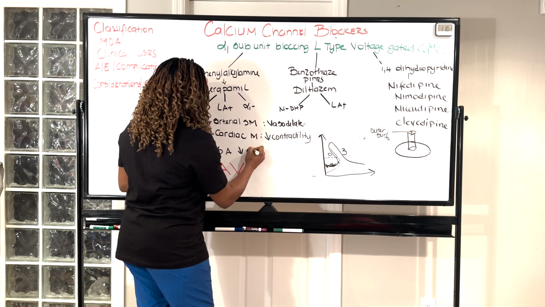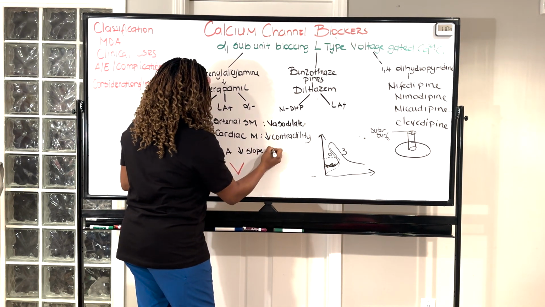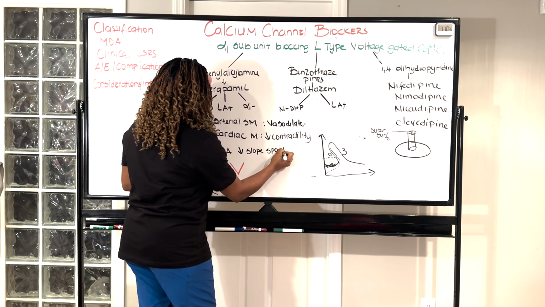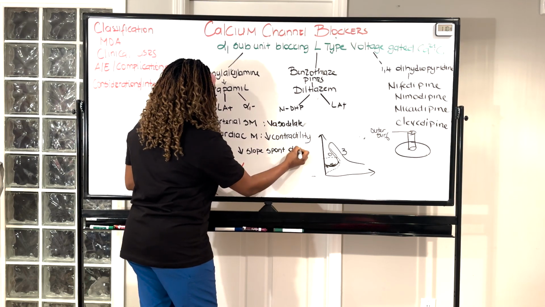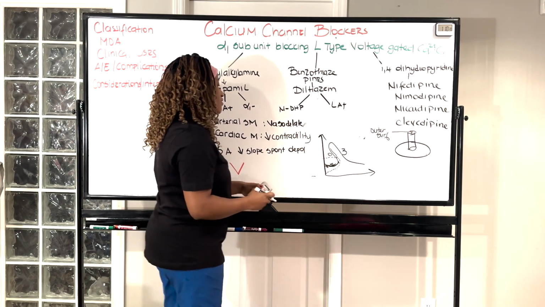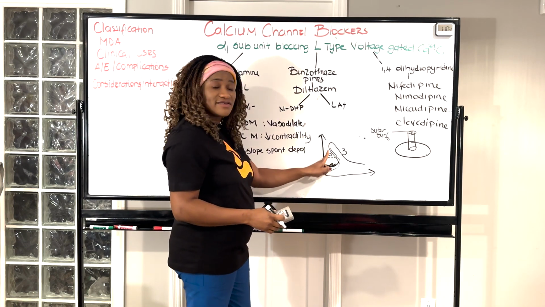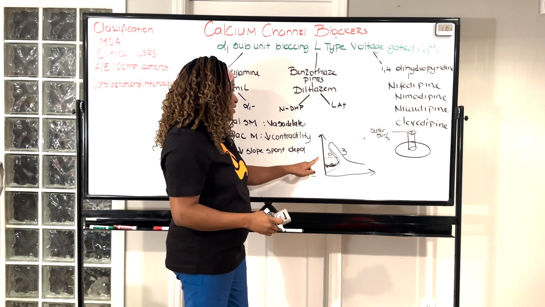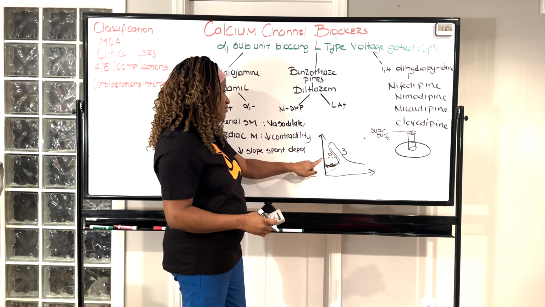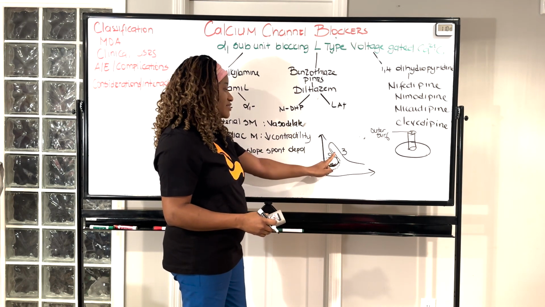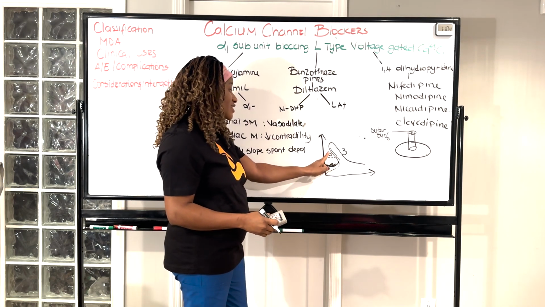They're going to decrease the slope of spontaneous depolarization, and they're also going to decrease phase 0. Remember, after we reach the threshold here at -45, we have a depolarization of the nodal cell in phase 0.